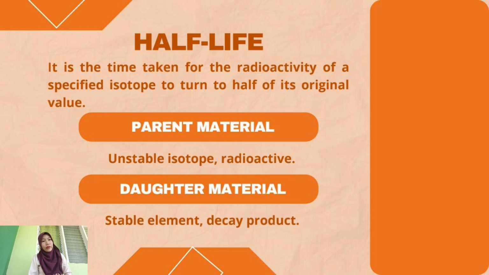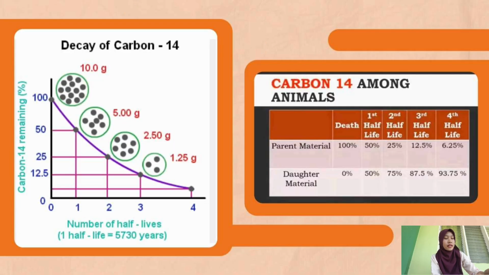So the example of half-life is the carbon-14. So we all know that the carbon-14 is the unstable isotope. So we have here the example, carbon-14 among the animals. So parent material. So pagka death niya or freshly death pa lang niya is 100% siya. 100% pa lang ito, right?